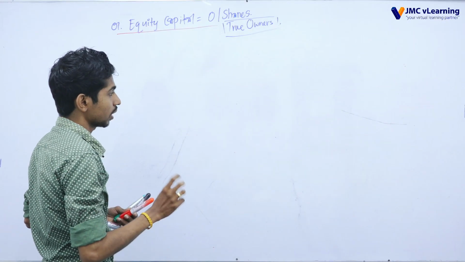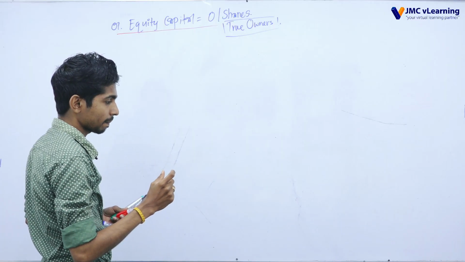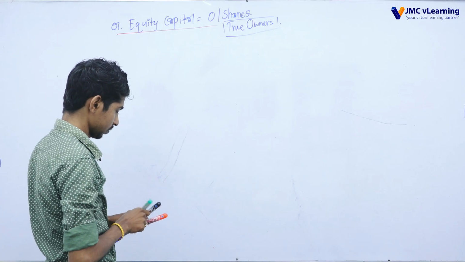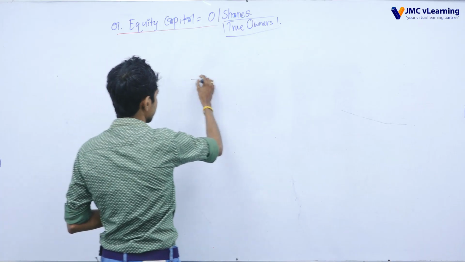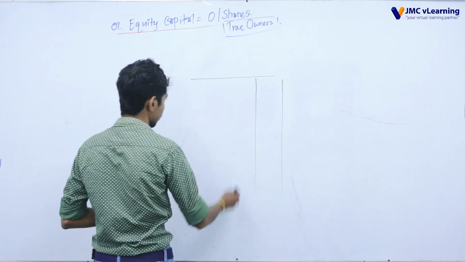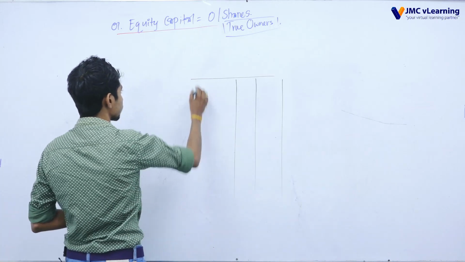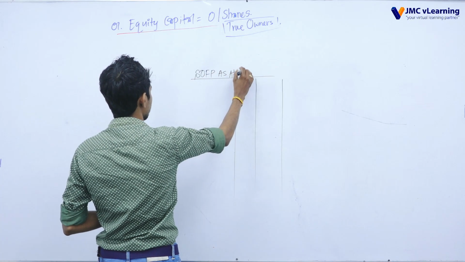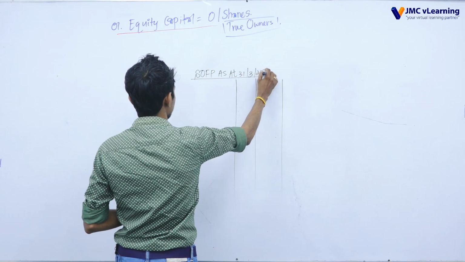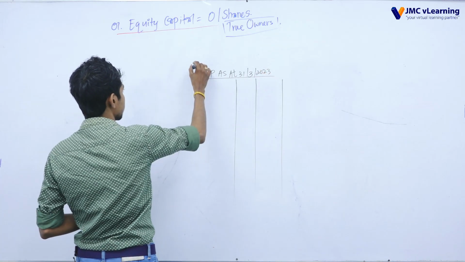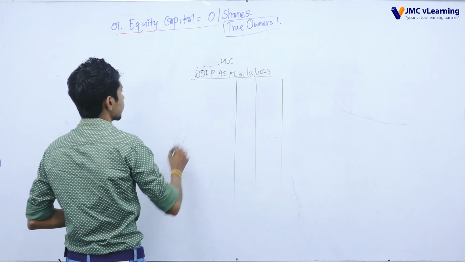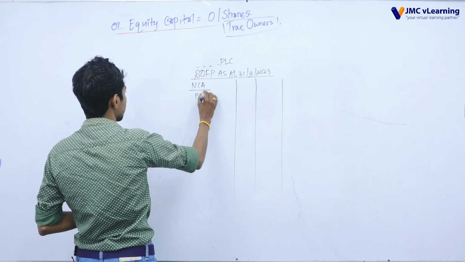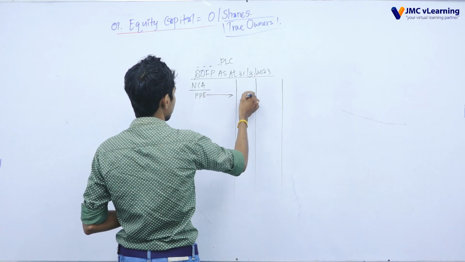Before moving to this topic, I will show some basic idea about the sources of funds. This is the traditional balance sheet or statement of financial position, as at 31st March 2023. We will take whatever PLC. Then non-current assets. Under the non-current assets, there is property, plant, equipment, some figures.